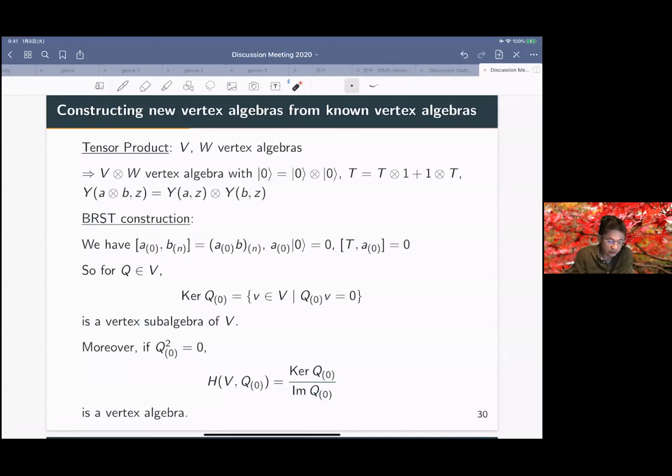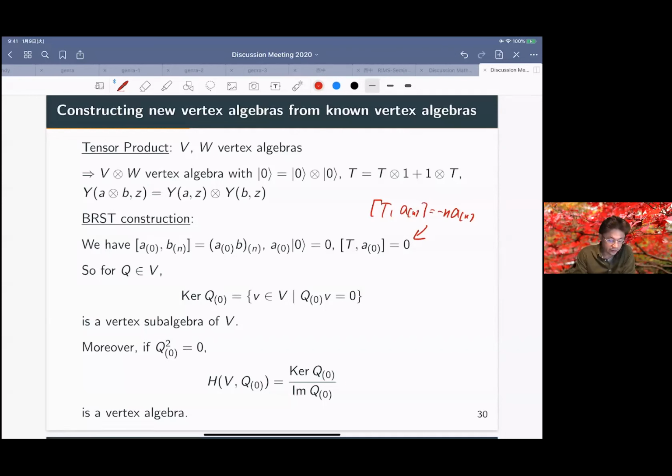The commutation relation between A_0 and B_n is just this. And A_0 kills the vacuum, and the translation operator T has this property. Especially if n equals 0, you get this formula.